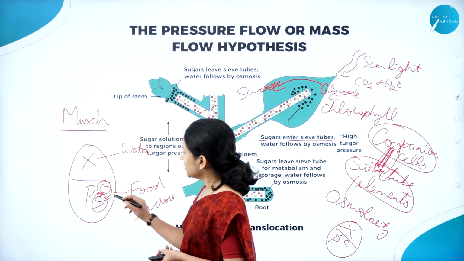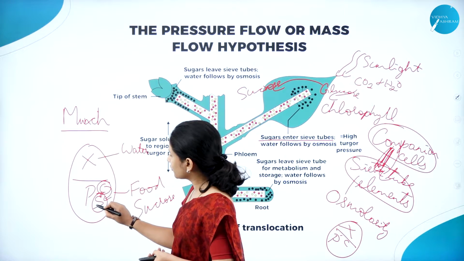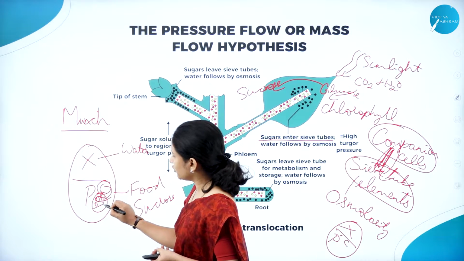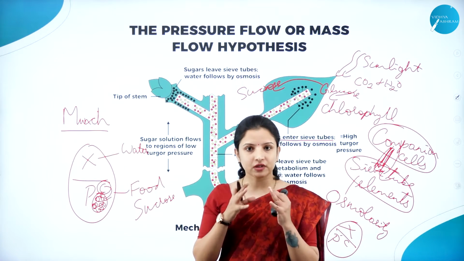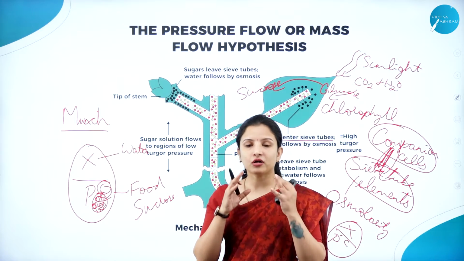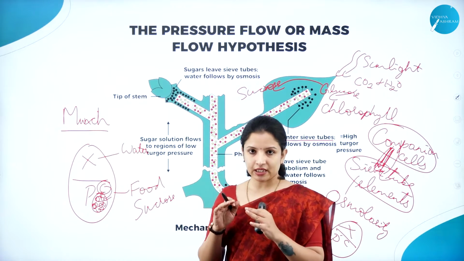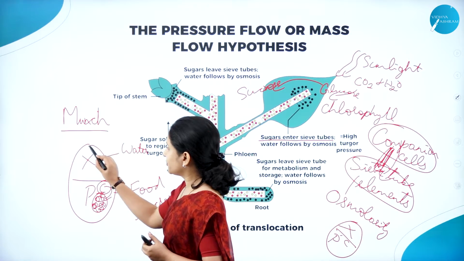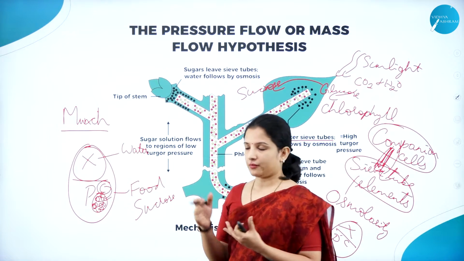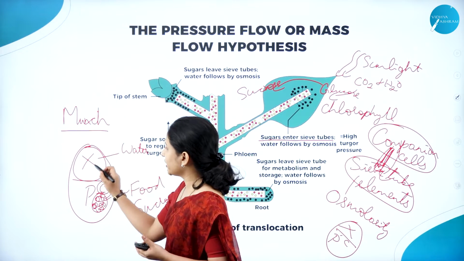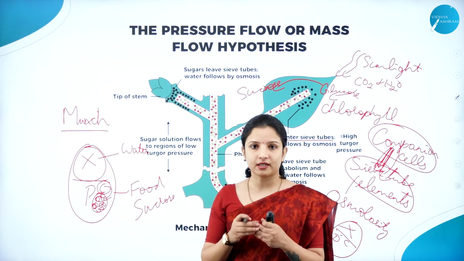All the sucrose has entered into the sieve tube elements. Therefore, it has increased the osmolarity of the sieve tube elements. When the osmolarity of the sieve tube element increases, it creates a pressure gradient in the surrounding cells of the phloem. Those cells surrounding the phloem are the xylem, which is the water conducting tissue.